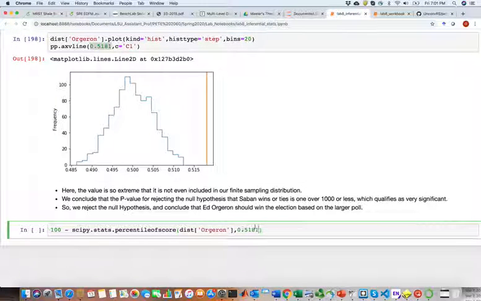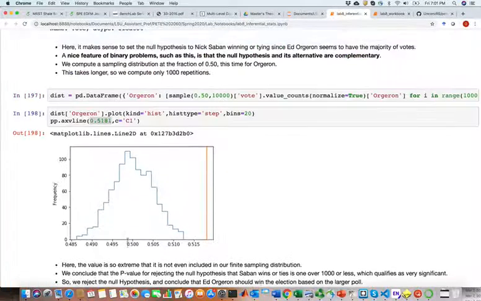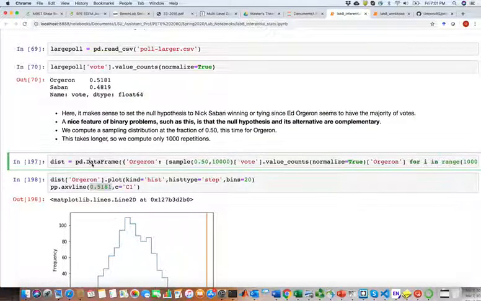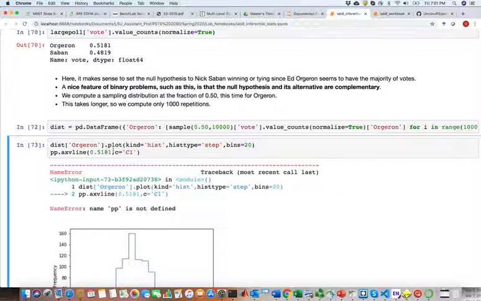So what's the corresponding p-value? We expect it to be very low, right? It didn't work because this is not defined, meaning I've not run this, right? So I run this, might take a while, not fast enough. Run this again. PP is not defined.